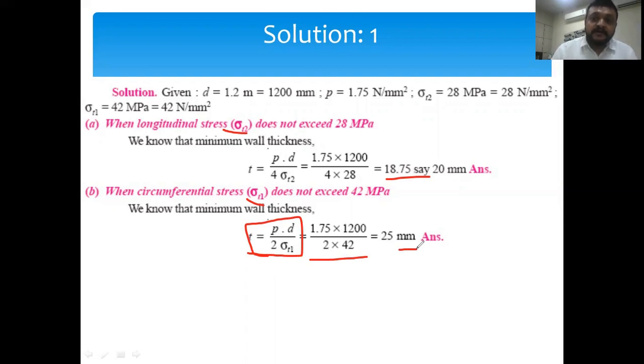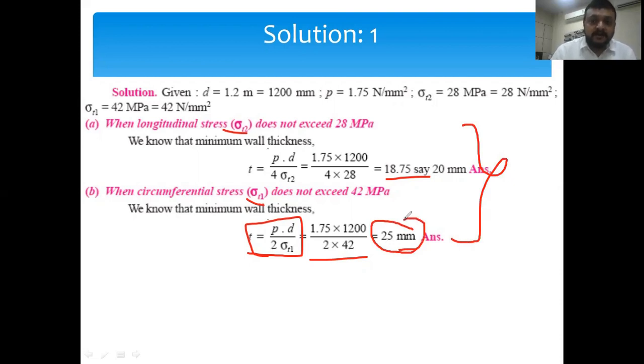In certain cases, the same problem may be asked to design the pressure vessel rather than calculating the thickness for both cases. So the same terms are used. Suppose the same terms are used to design the pressure vessel, then you have to calculate the thickness for both equations, and whichever is higher you have to consider as the design thickness.